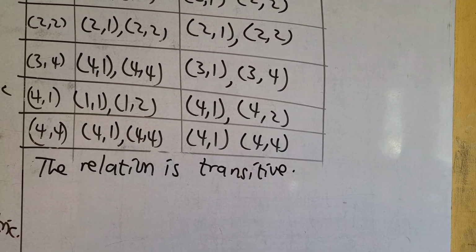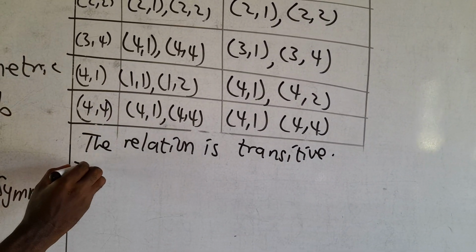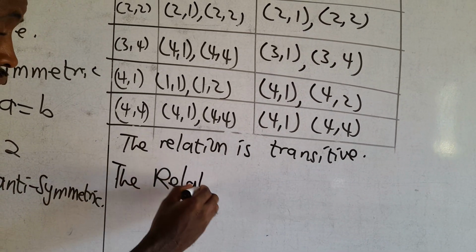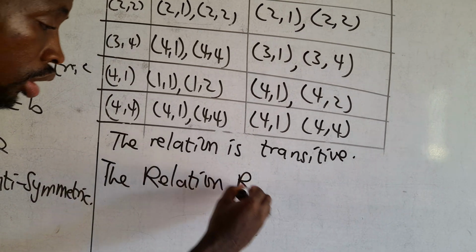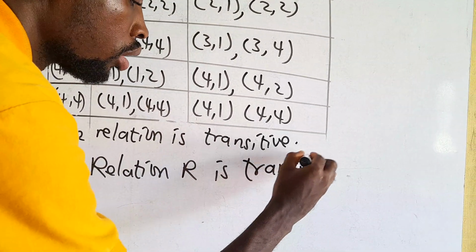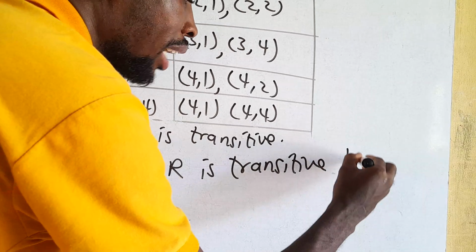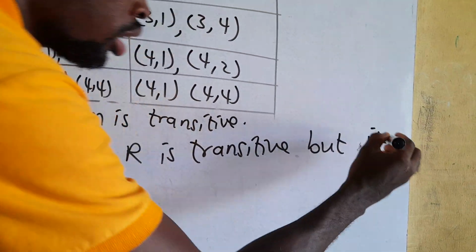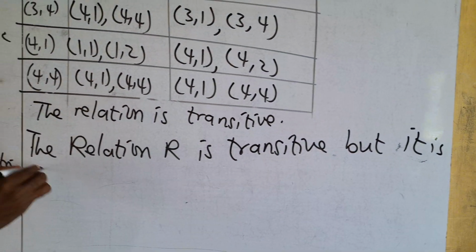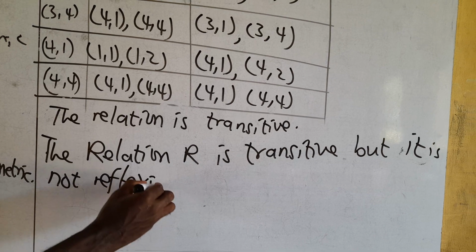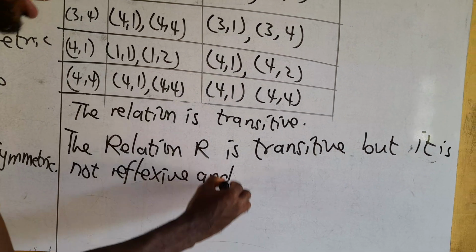So what happens? You can realize that our relation R is transitive, but it is not reflexive and antisymmetric.